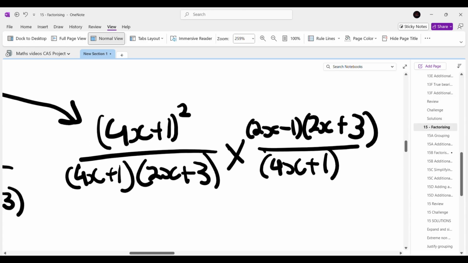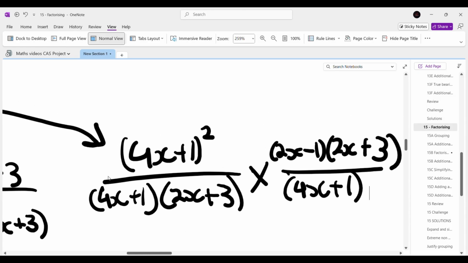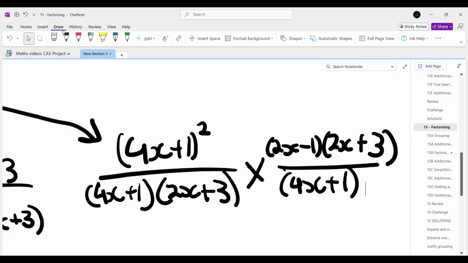Okay, now what we can do is we can just simplify. So obviously 4x plus 1 divided by itself, we can just get rid of the square here. And now look at this. We don't have to rewrite this as a singular fraction. When we're multiplying, we multiply the denominators together and we multiply the numerators together. So we can just cancel across fractions, because this is going to be in the denominator, it's going to come under here, and this is going to be in the numerator.